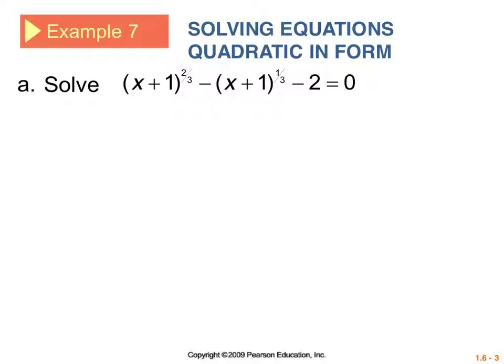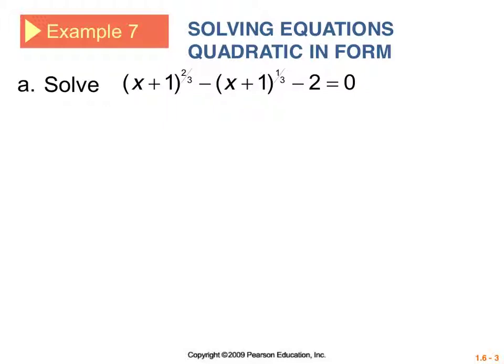Alright, so here's this example. We have the quantity x plus 1 to the 2/3 power minus the quantity x plus 1 to the 1/3 power minus 2 equals 0. And so upon first look we would think, how would I ever solve that? But what we can do is take this middle expression and do a little something with that to help us to make it quadratic in form.